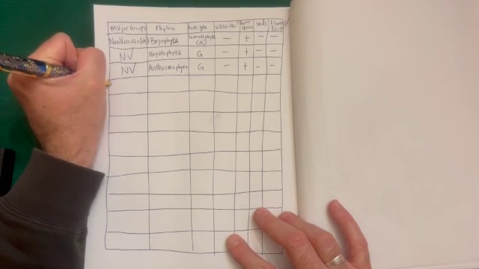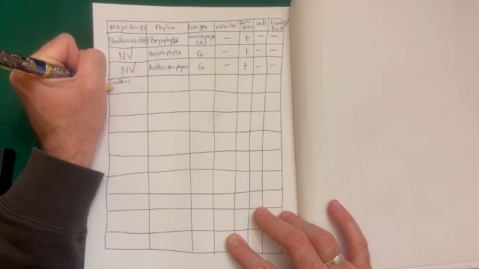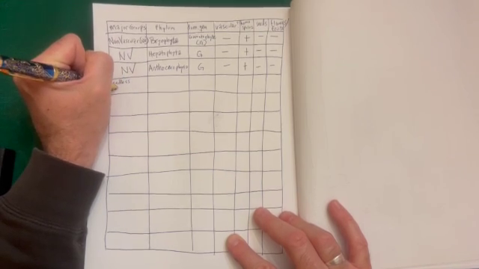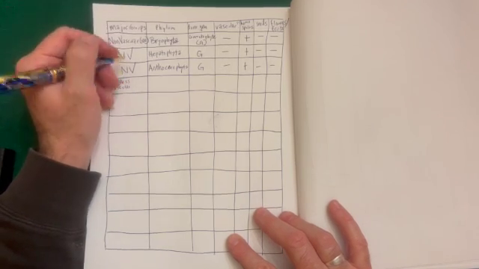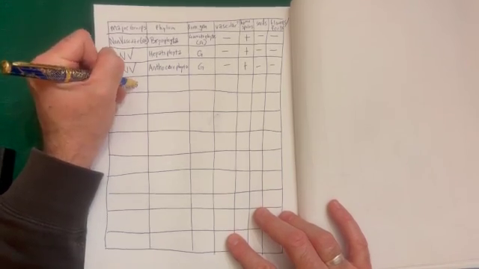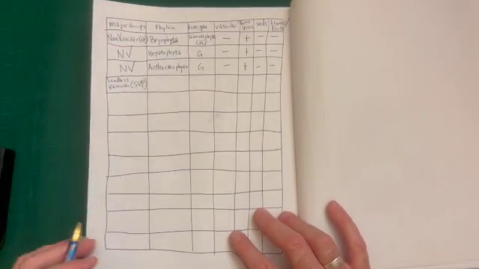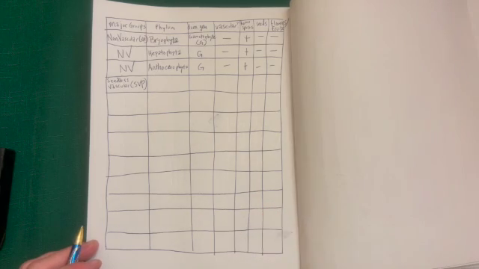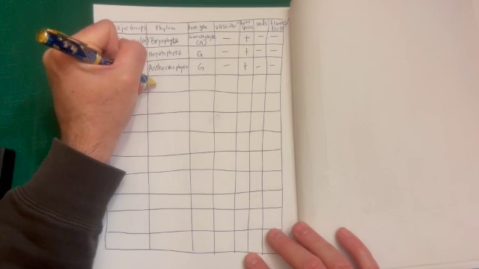Our next major group is going to be seedless vascular plants, which I'll abbreviate as SVP. I've got room to write all that. And this time I'm going to start with the Lycophyta.